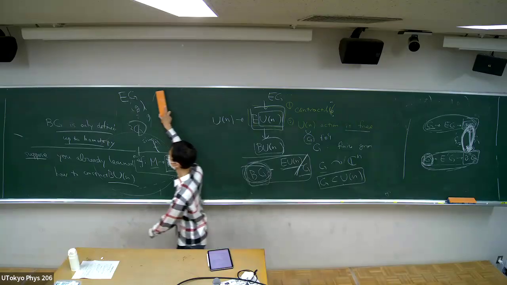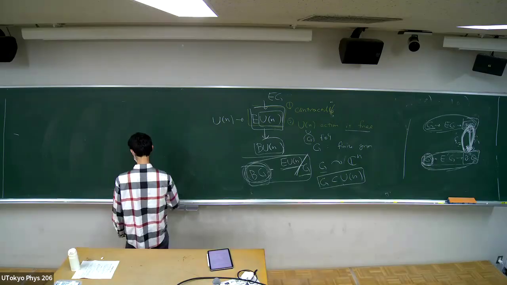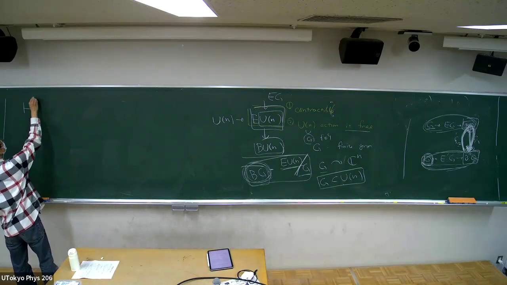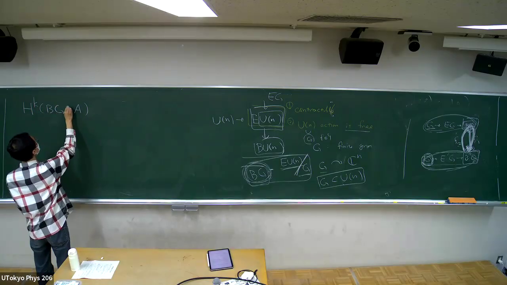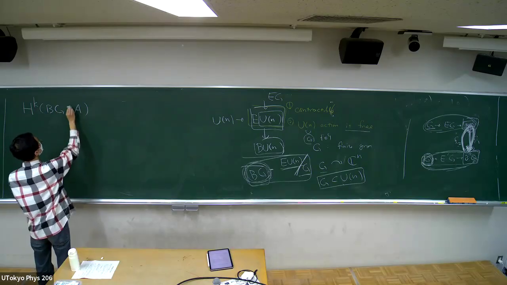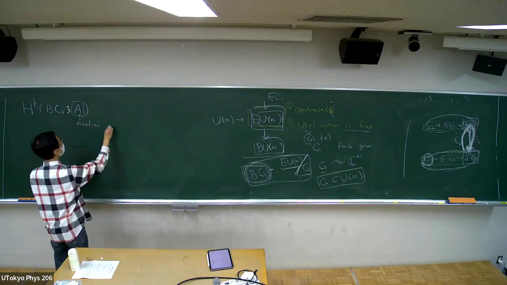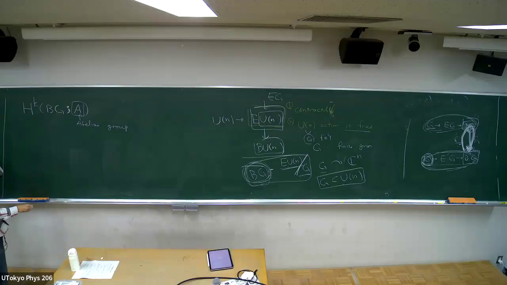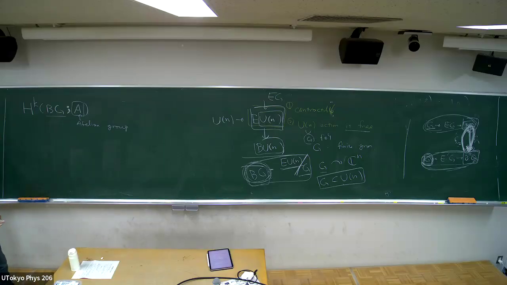So let's come back to this point. So let's discuss H^k of BG with coefficients in A. So A is an abelian group, and this is the space we just constructed.